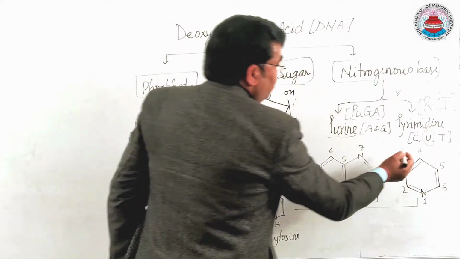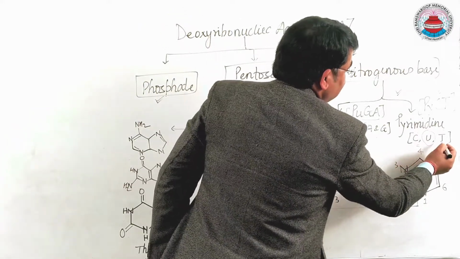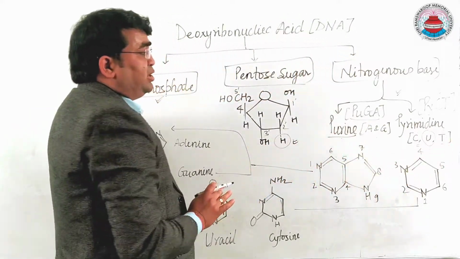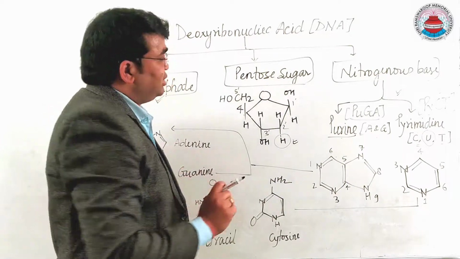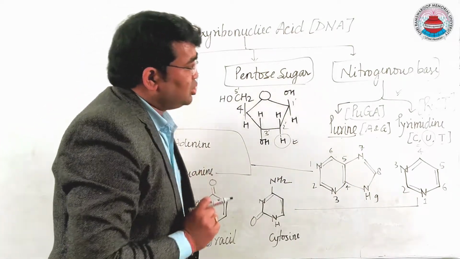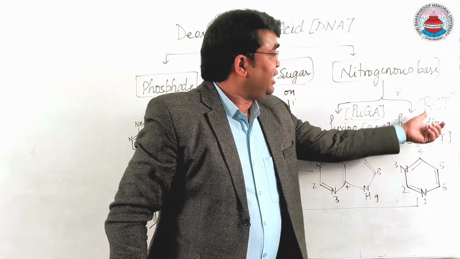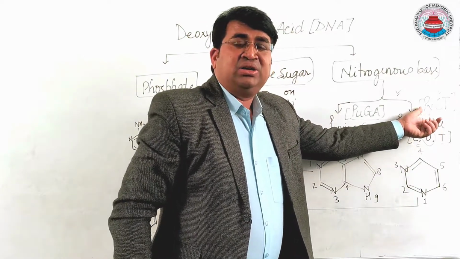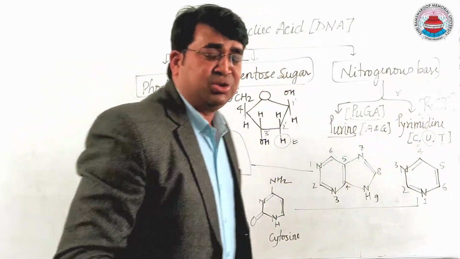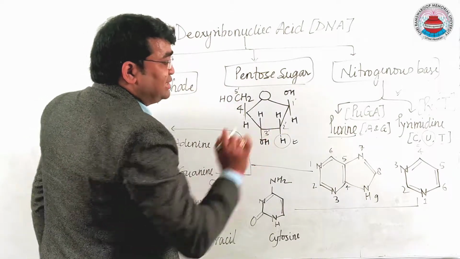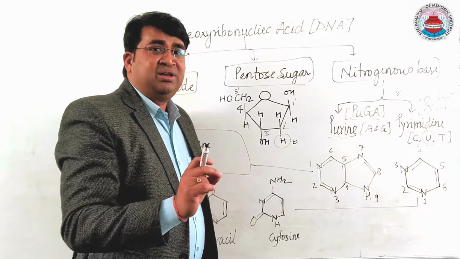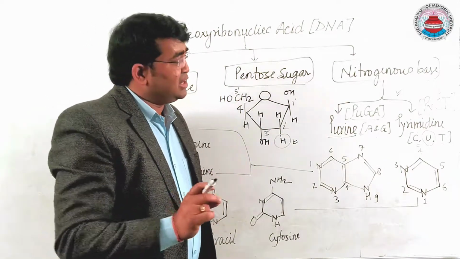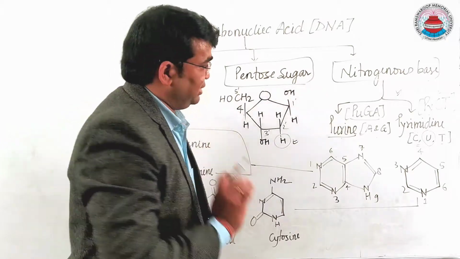So only two pyrimidine bases are present in DNA, which are cytosine and thymine. To remember it, I have devised a method: PYCT. PYCT means pyrimidine nitrogenous bases are cytosine and thymine.